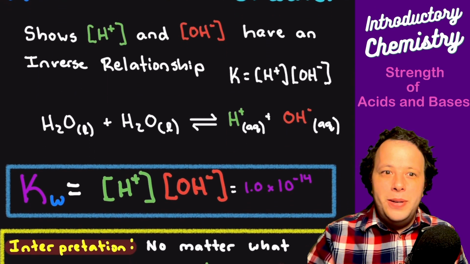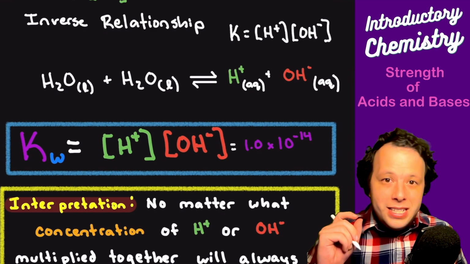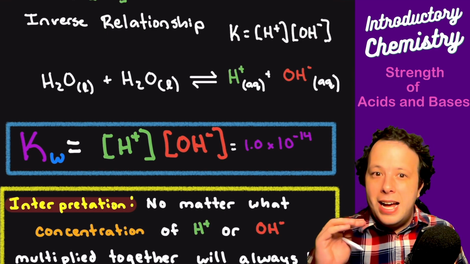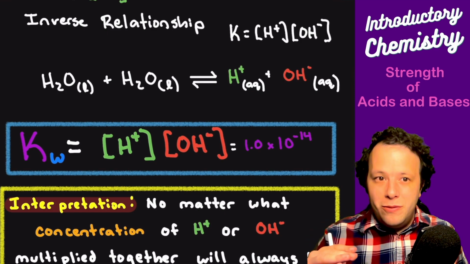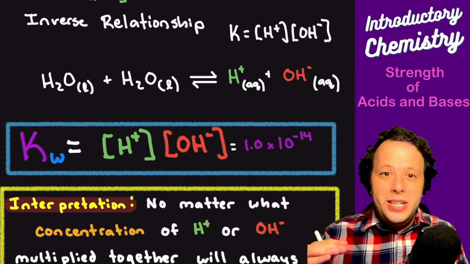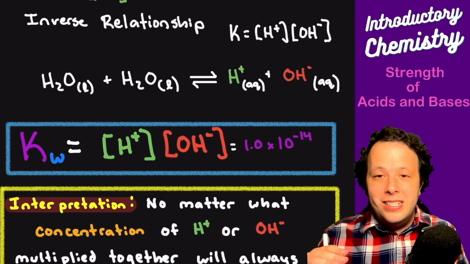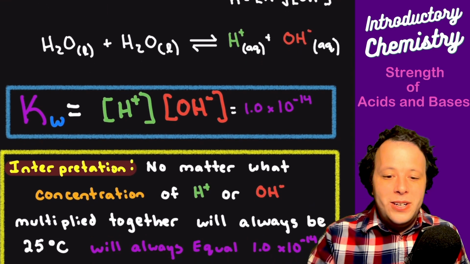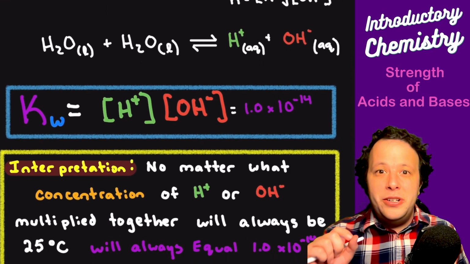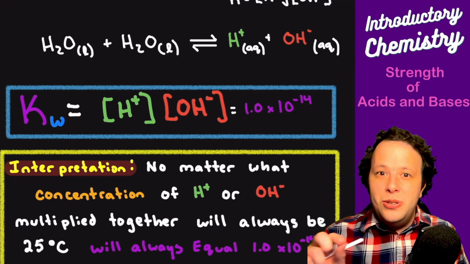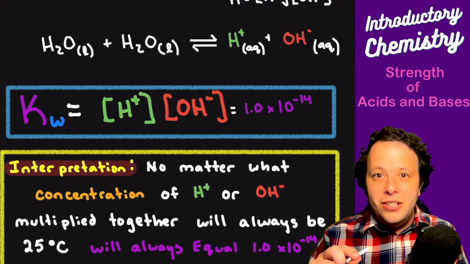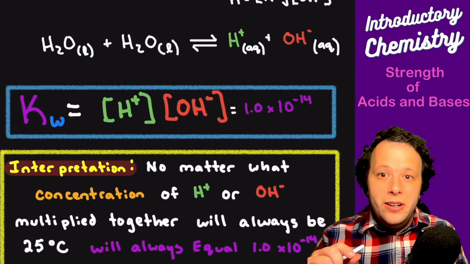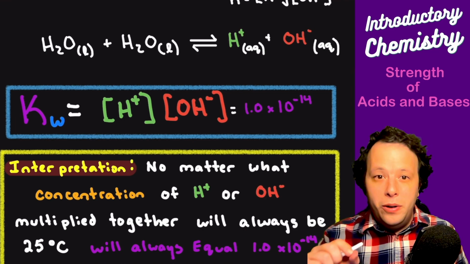There is a relationship here at room temperature for this constant, which we call the Kw constant. It's all about water dissociation. What we have here is H plus times OH minus, so those two concentrations multiplied by each other equal 1.0 times 10 to the negative 14.